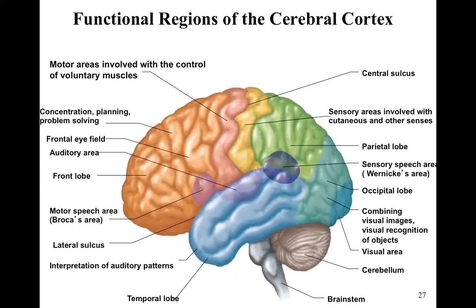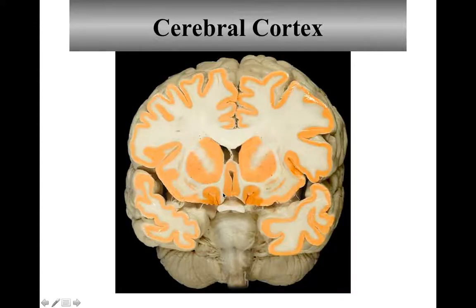Functional regions of the cerebral cortex. Now, the cerebral cortex is just this very thin layer of gray matter, the outermost portion of the cerebrum. It's a few millimeters thick.